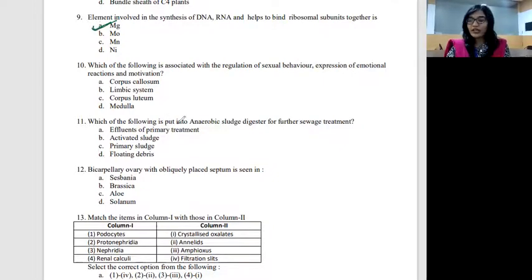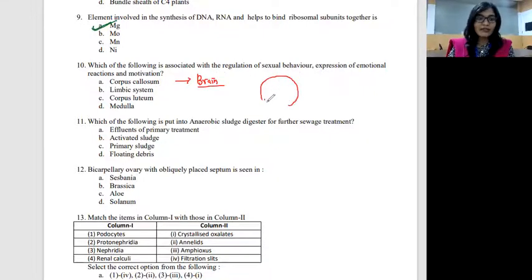Okay, yes. So which of the following is associated with the regulation of sexual behavior or expression of emotional reactions and then motivation? Very important. What is this corpus callosum? Where is this corpus callosum present? Corpus callosum is actually present in the brain. And this is the one which actually separates the right hemisphere and the left hemisphere.